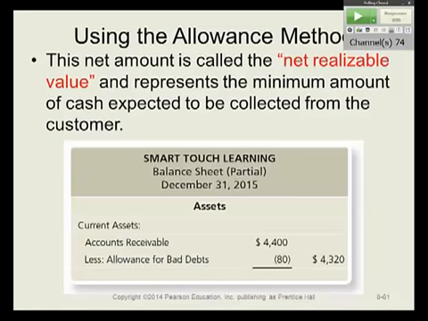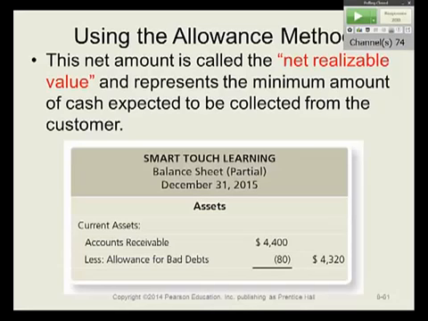And in some cases, you could have excess write-offs of accounts, which we'll show you in a minute. So again, his question is, what if it's incorrect? If this is too much, next year's allowance will be less. We'll just reduce the amount. Instead of 80 or whatever the percentage is going to be, we'll make it a smaller number. If it's too little, we'll add to it.